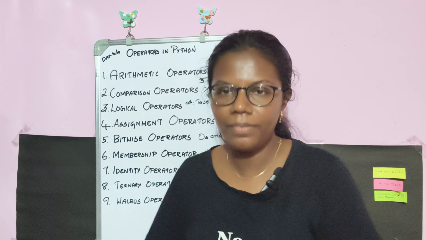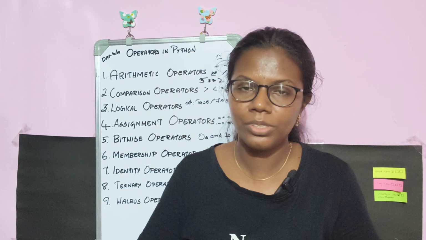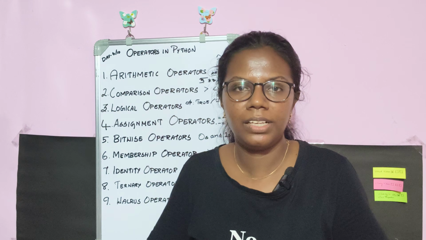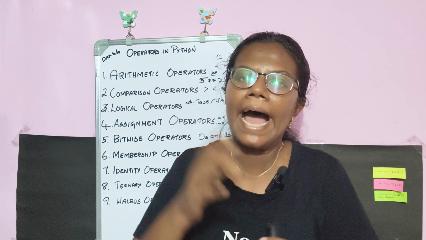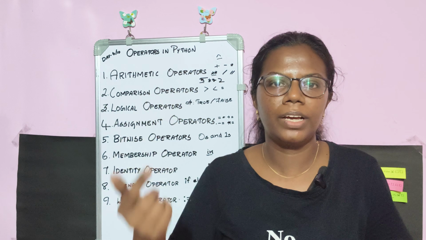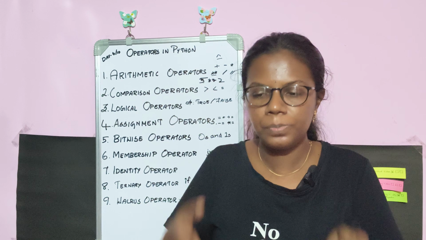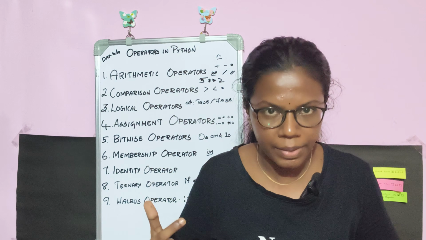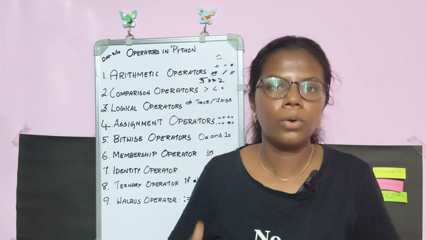Next, as a second operator, we have comparison operators. Similar to arithmetic operators, we might have used these a lot to find which number is greater than this number, if this number is lesser than that, or if both values are equal. In Python, when handling data, specifically if I have any table values and a column like age, and my whole goal is to decide if a person is eligible for voting or not, I have to use Python programming to finally find an output of who is eligible for voting.